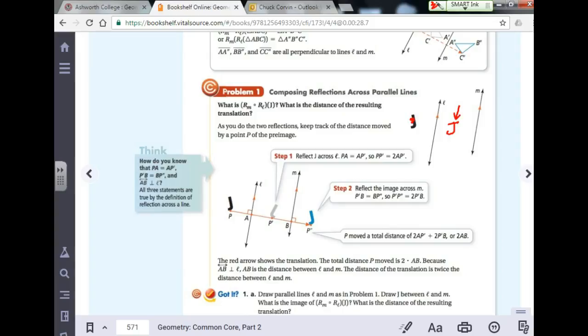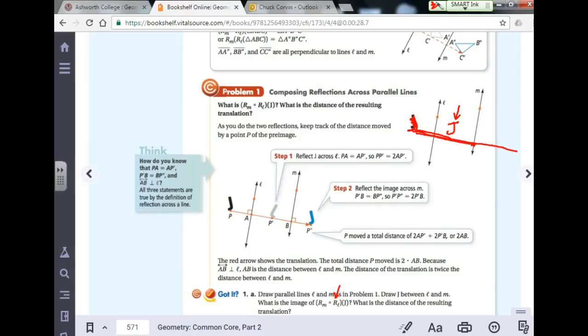So if we reflect over the L axis first, which is what this is telling us to do down here, then it becomes this J that we see right here. Then if we reflect that over M, remember it's got to be perpendicular. If I take that same point, it's got to be perpendicular to line M, but the same distance.